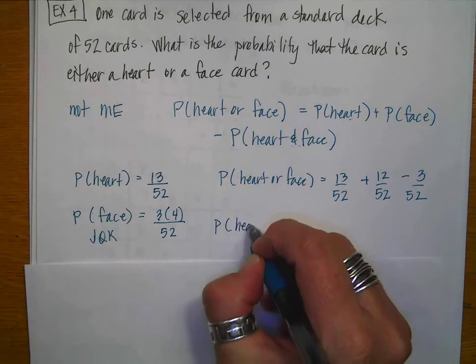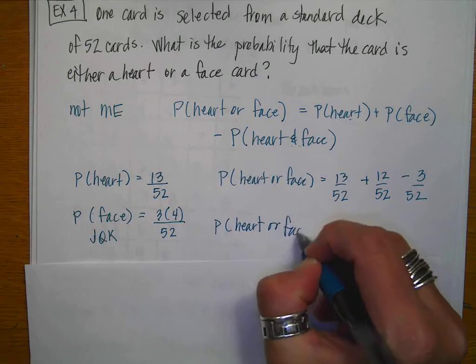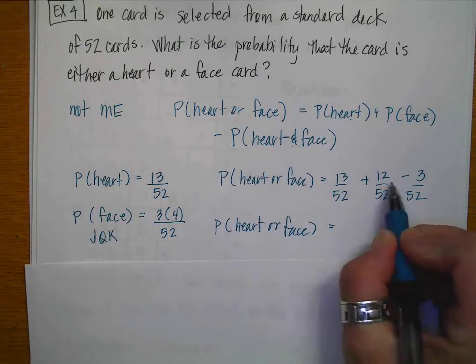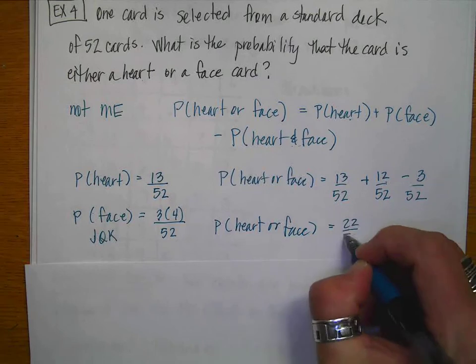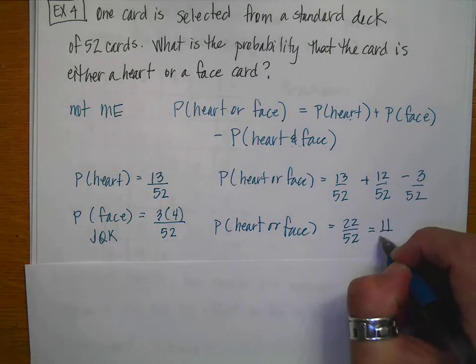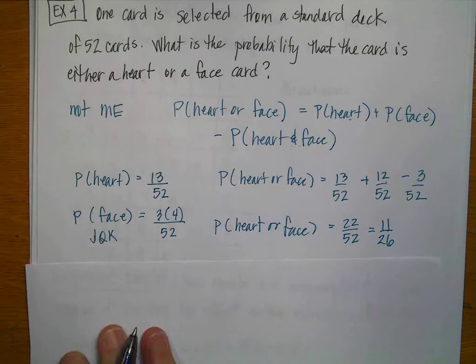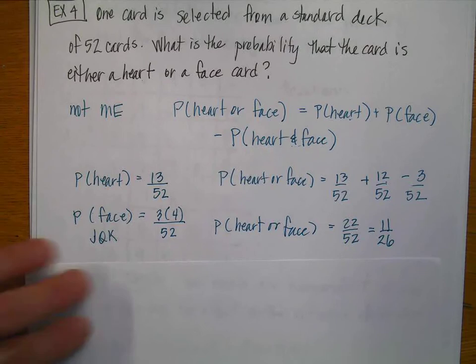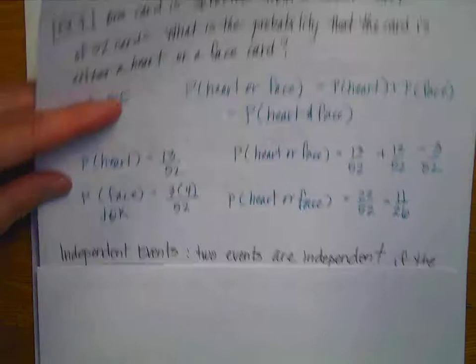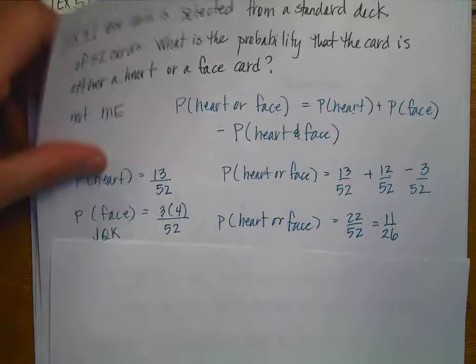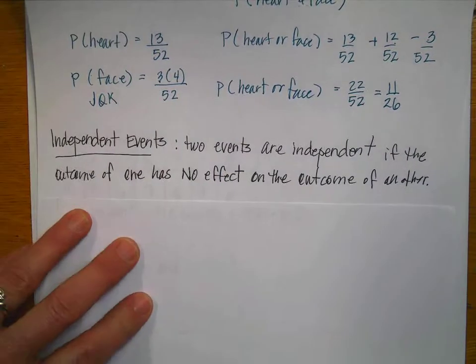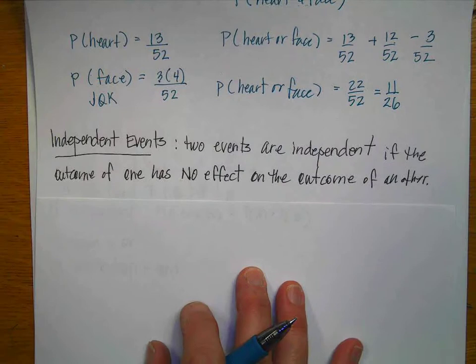Alrighty, and so then my probability of heart or face is actually going to be 25 minus 3 is 22 over 52, and that reduces to 11 out of 26. So that would be my probability. So not quite half. So half would be 13 out of 26, so you have almost a 50% chance of getting that information correct.